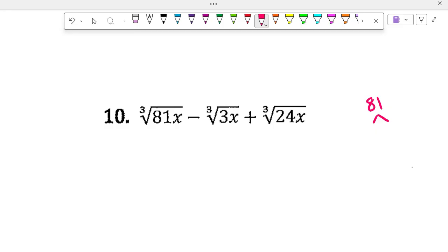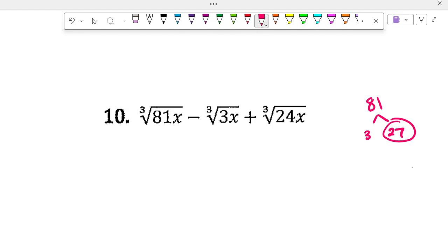Okay. Yeah, because this one's pretty easy to find. So what's a perfect cube in 81? Nope. That's a square. 3 and 27. Which one's the perfect cube? 27 is.